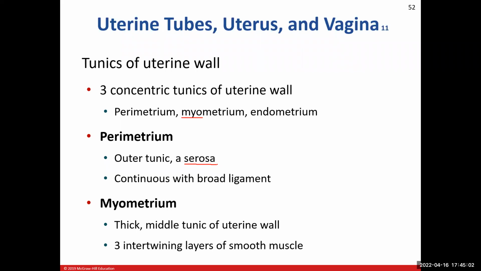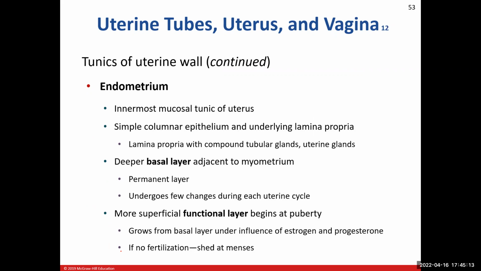Then we have our myometrium. Again, myo is muscle. In this case, we're going to have 3 layers of muscle in the wall of the uterus there. And then the innermost layer is the endometrium. The endometrium is covered with simple columnar epithelium, no cilia in this case.